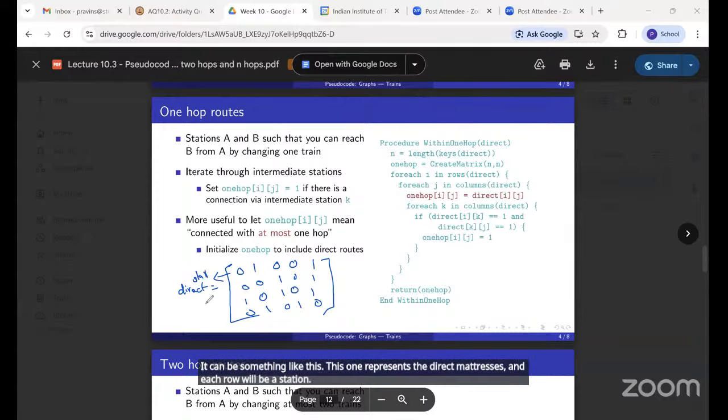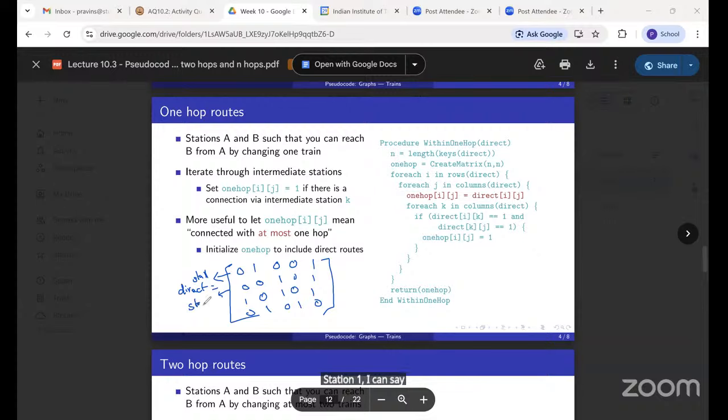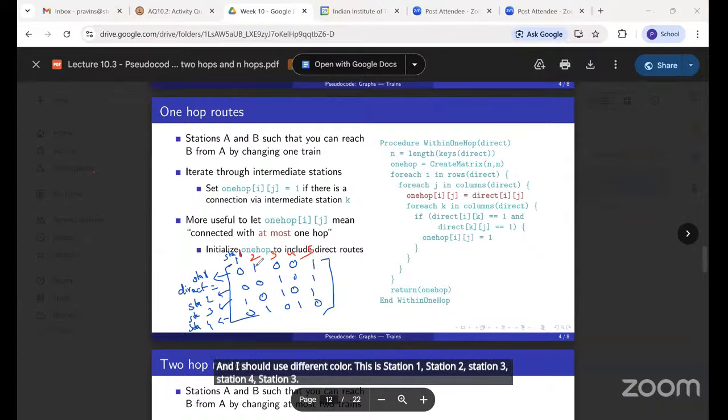Station 1, station 2, station 3, and station 4. And similarly here, station 1, station 2, station 3, station 4, station 5. So this represents there is a direct train from station 1 to 2. Since this is 1, this is 2, this is 3, this is 4.